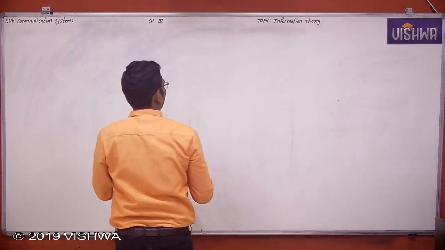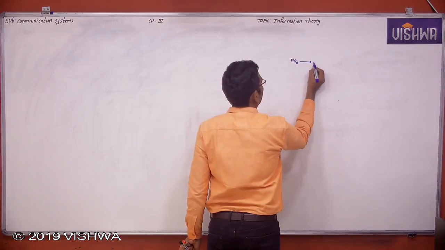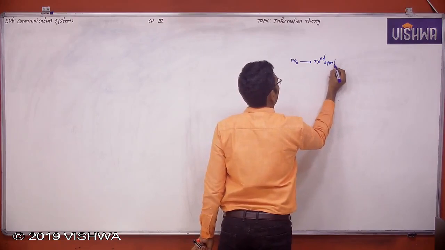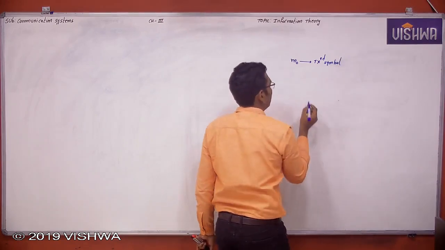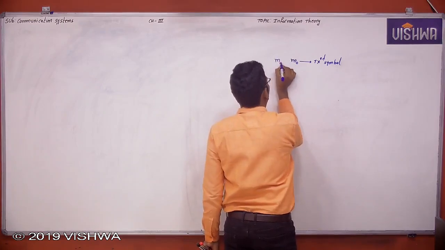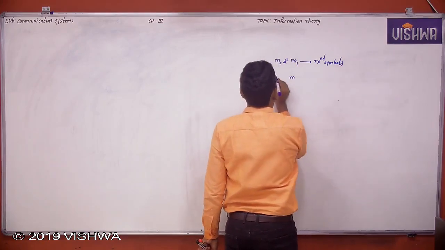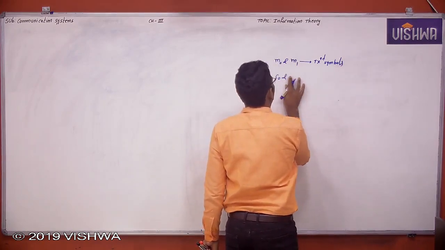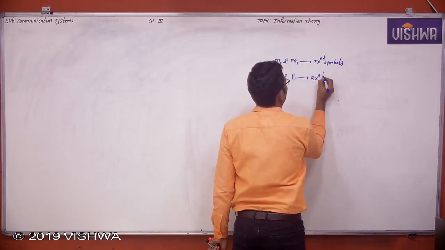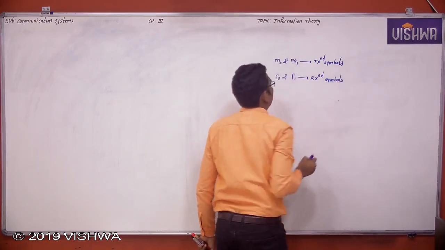Now before we start, let us assume M0 is a transmitted symbol. This is the notation. M0 and M1 are transmitted symbols.